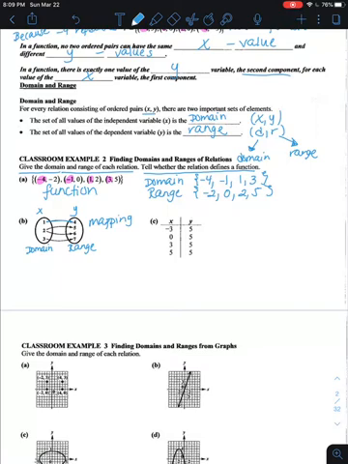Now to write these as ordered pairs so we can actually see what we're working with, if you notice there's a line from 1 to 4. So this is 1, 4. That's that ordered pair. And then from 2, you have a line going from 2, 5. So that's 2, 5. And then there's also a line coming from 2 that goes to 6. So that'd be the point 2, 6.